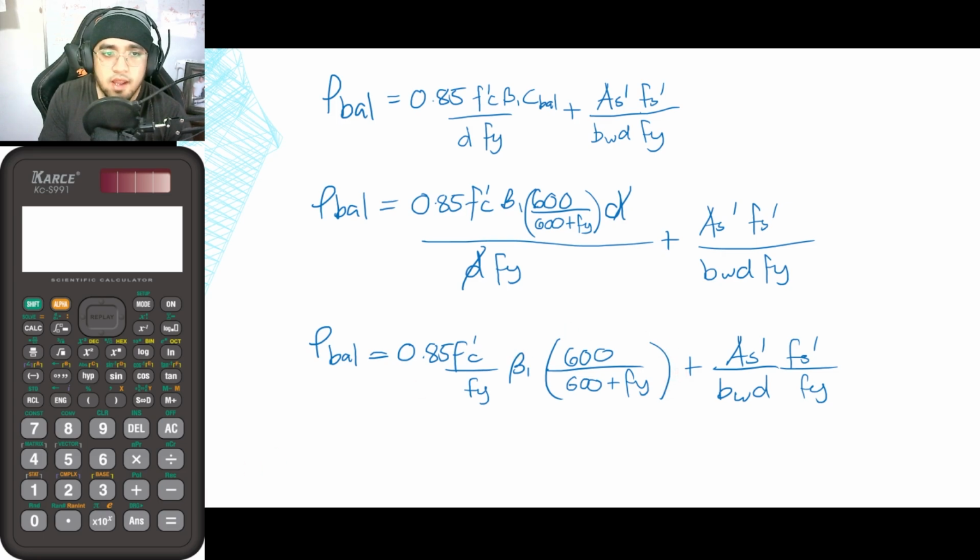Also, you can rewrite this particular equation here. As you can see, this is AS prime divided by BWD. You can rewrite this as rho prime.